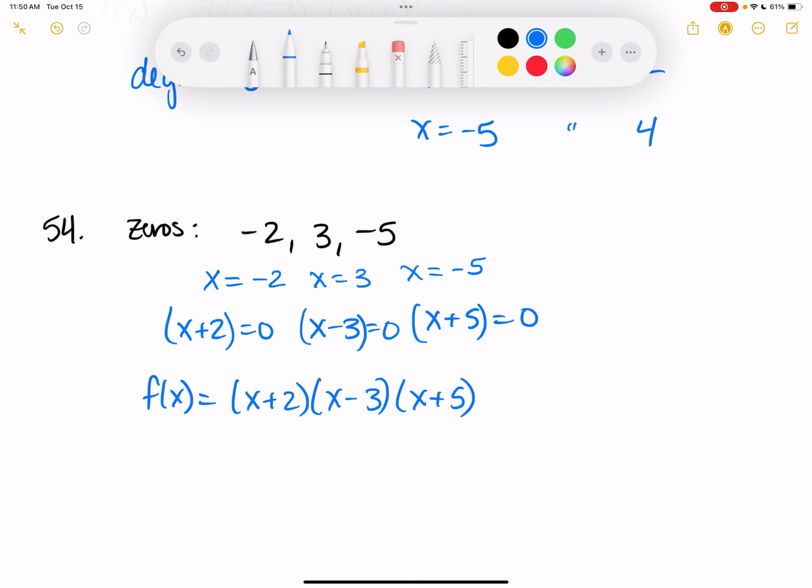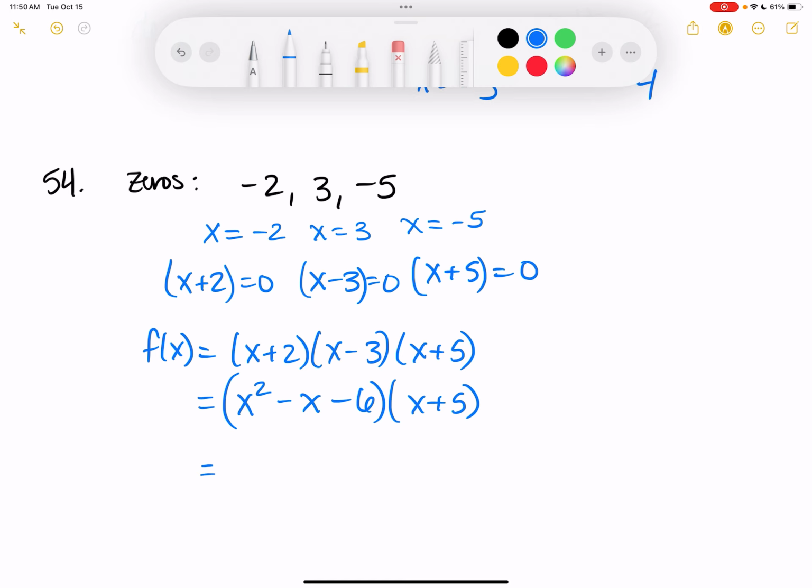And then now I just multiply. So I would get x squared plus 2x minus 3x, so minus x minus 6, multiplied by x plus 5, and then I'm just going to do it again.